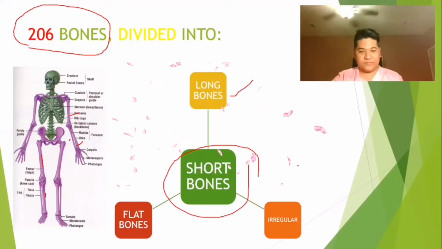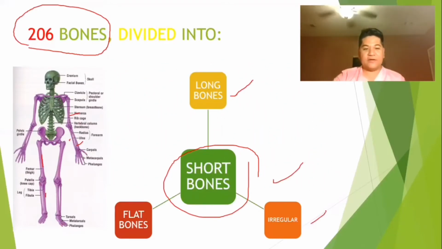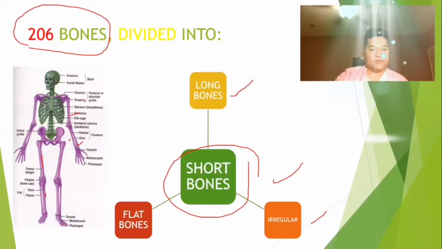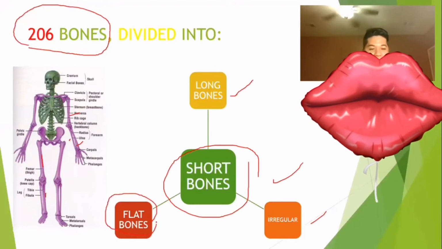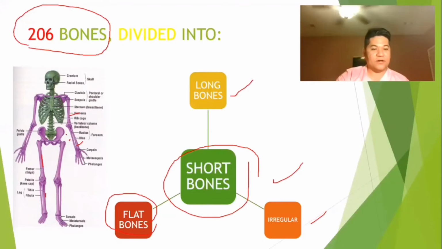Examples of irregular bones are your scapula, the shoulder blades, and your tarsal bones. And examples of flat bones are your hips or the pelvis. So that is your bones, 206 bones overall.